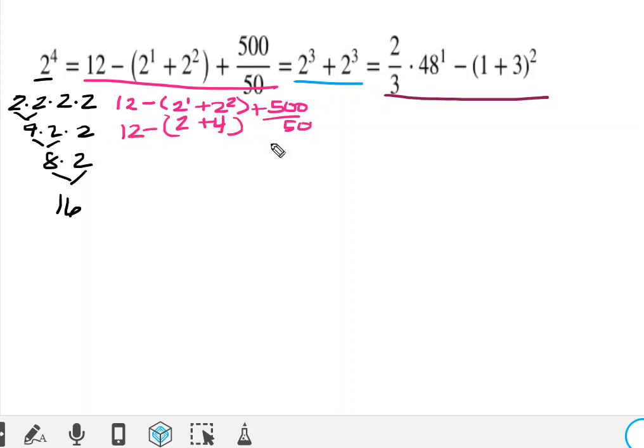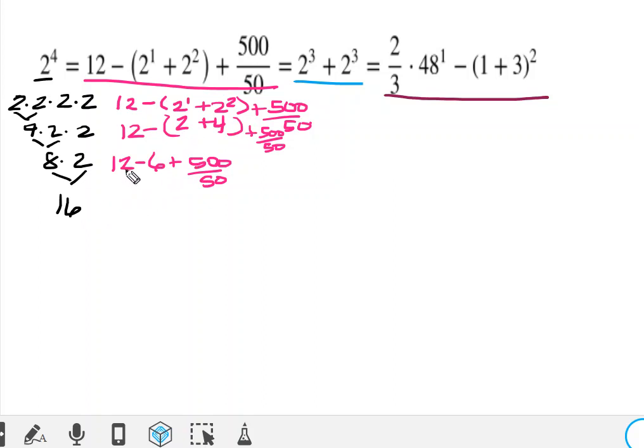So we have 12 minus the sum of 2 plus 4, plus 50/50ths. Okay, next step, simplifying even further. 12 minus 6, plus 50/50ths. Simplifying even further, we're working from left to right now because we took care of the parentheses.